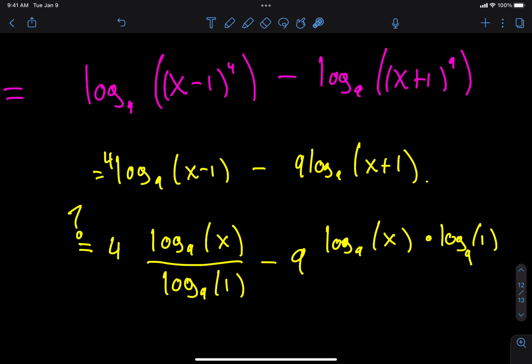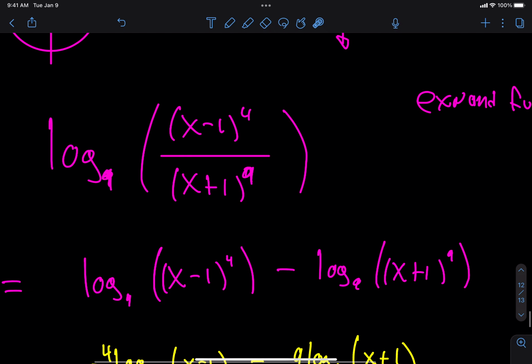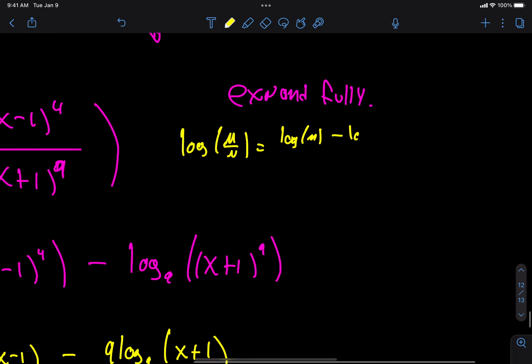Just not multiply. Yeah. This is not the same as this. When we have a division on the inside, we can write it as a subtraction on the outside. Okay? Namely, log of m over n is equal to log of m minus log of n.